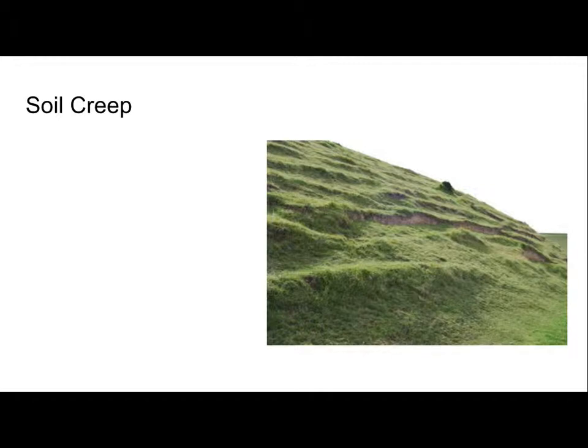So soil creep is actually the gradual movement of soil downhill. You can see it here in this actual picture where you see some grass and then some land, because over time this land has been moving.